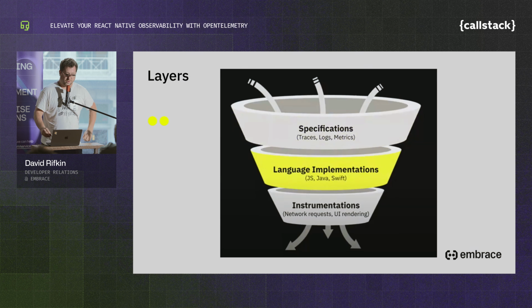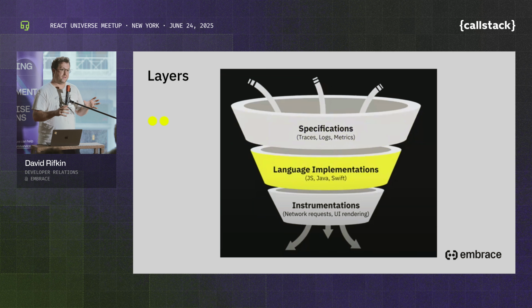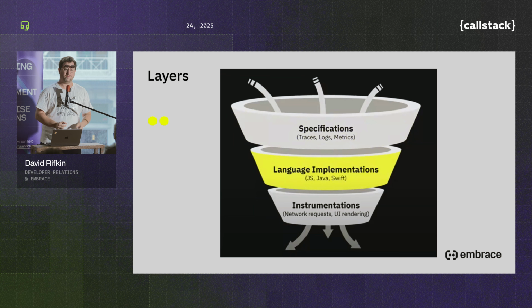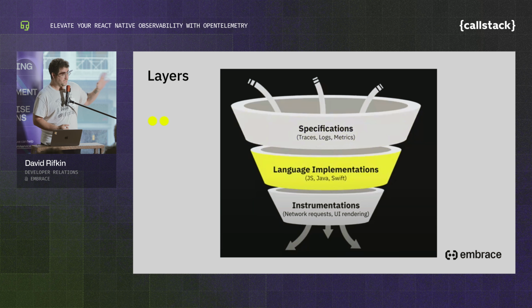At the language level, these will always be evolving, I guess, or some are incomplete, I might say. But the goal is that you're able to use those tools from the spec in an app written in that language. There's a little bit of limitation here. You're going to get an API. It's going to let you create traces, logs, metrics. But thinking of JavaScript specifically, there is a JavaScript API and an SDK for OpenTelemetry.